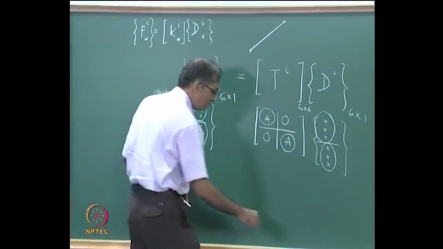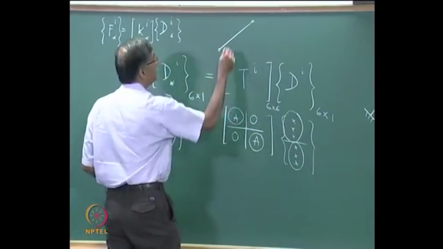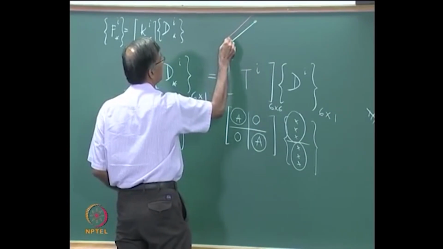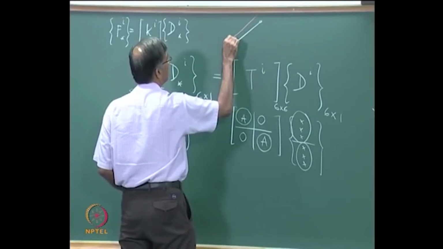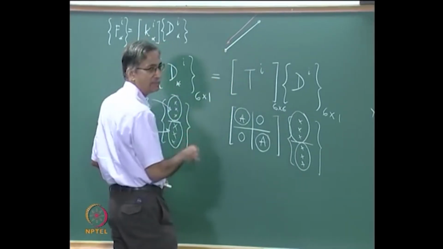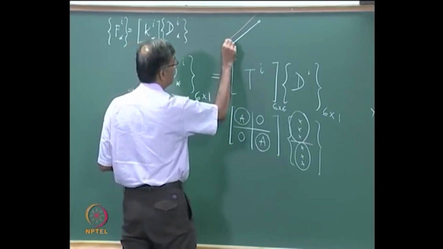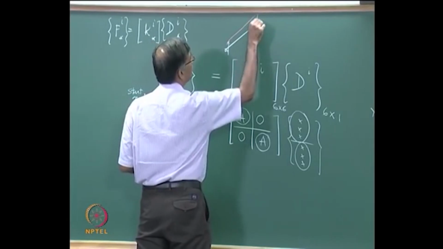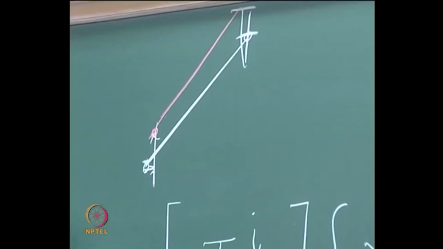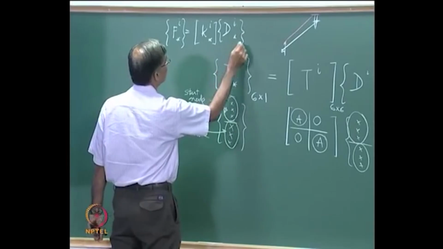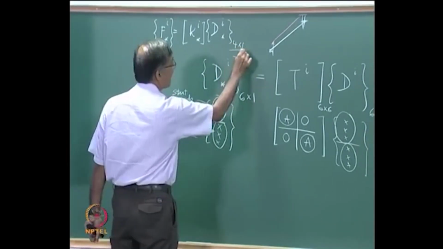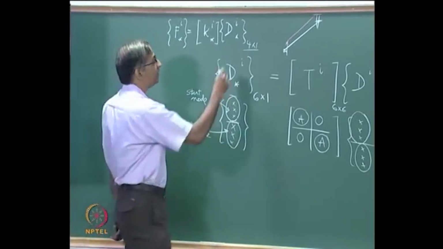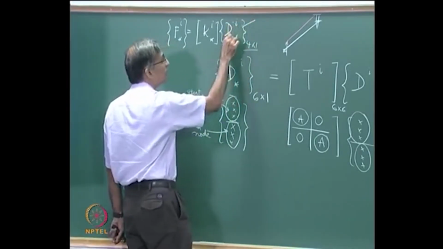I can have an element in a truss like that which takes a shape like that, right? So certainly I have 4 values for these displacements, right? So the components of this 4 by 1 can be independent, no question about it. So this is a valid vector, the components of these are independent.